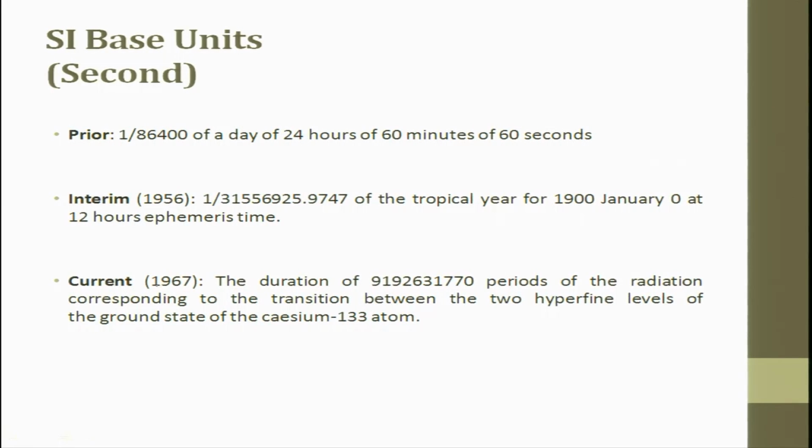But currently, in 1967, this is the latest definition which is now accepted: the duration of 9192631770 periods of the radiation corresponding to the transition between the two hyperfine levels of the ground state of the cesium 133 atom is the current definition for seconds.